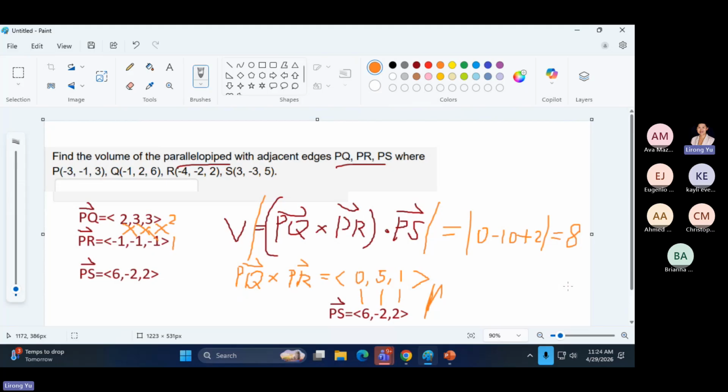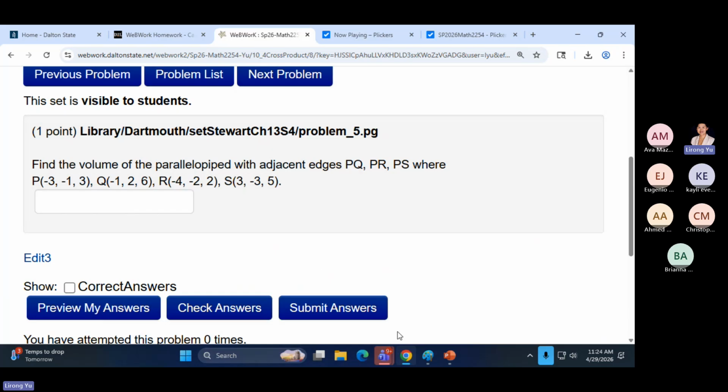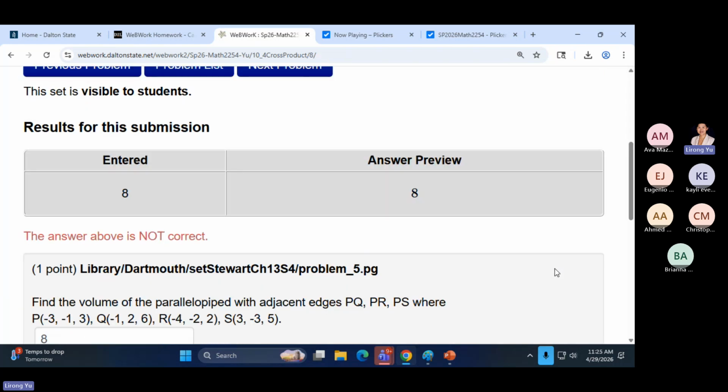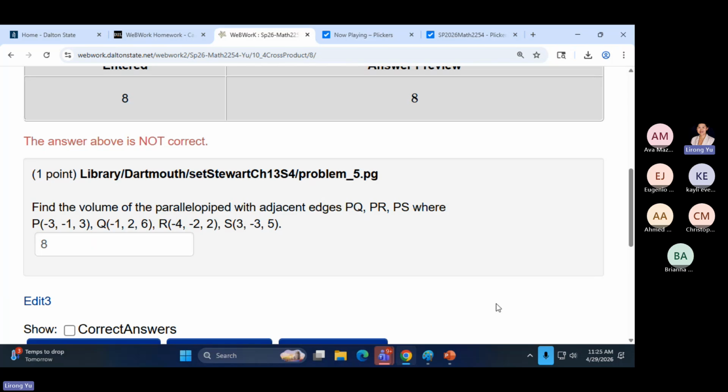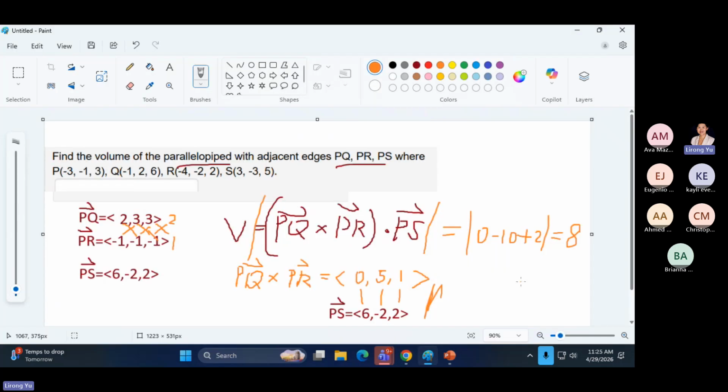So let's check to see if it's right. I always find myself tending to make mistakes, like miswriting or miscalculating something. Something is not right. I felt like it was a different number.